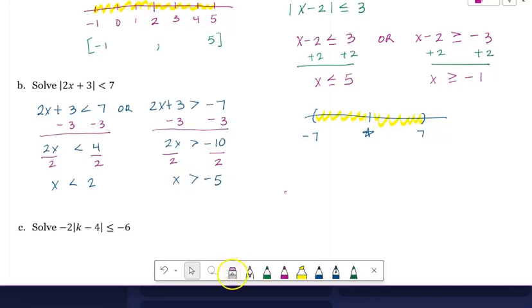So if we put those together on the number line, we're taking all the numbers that are going to be greater than -5, but less than 2. So in interval notation, I could write my answer as -5 parentheses up to 2.